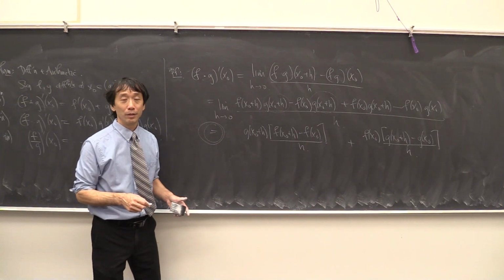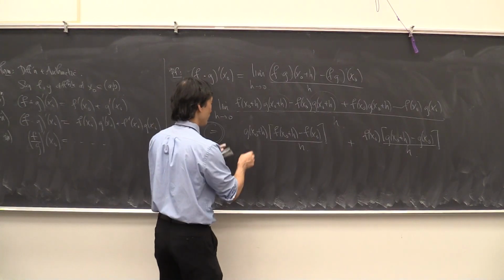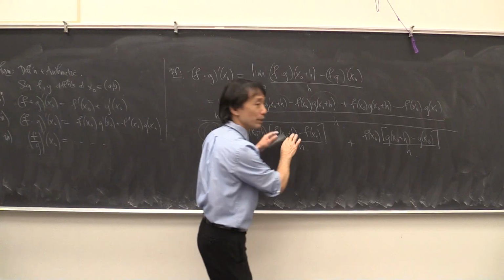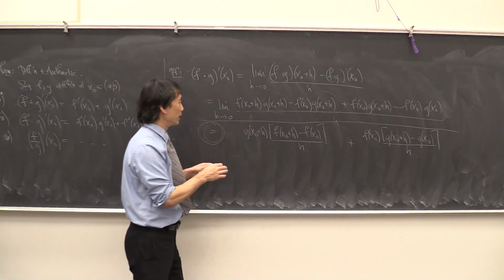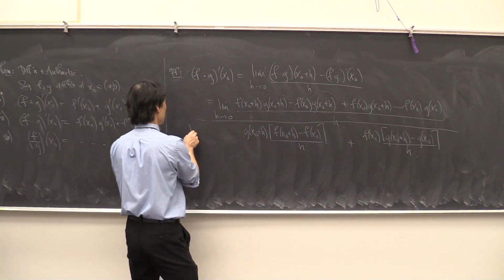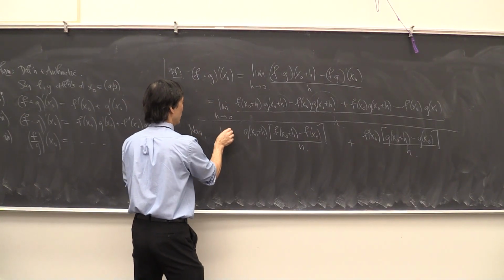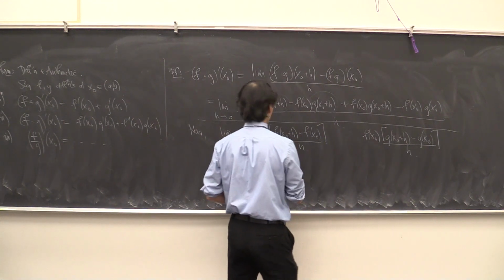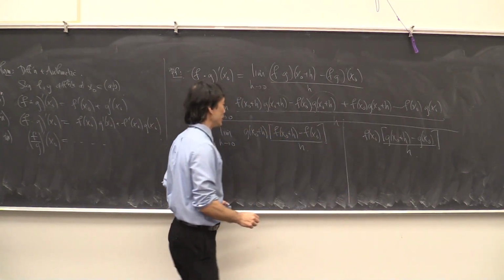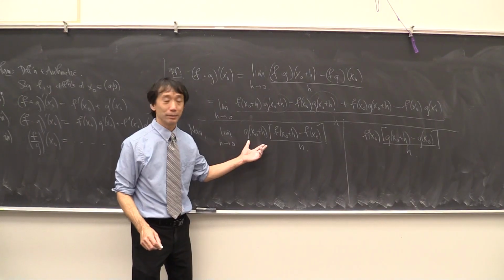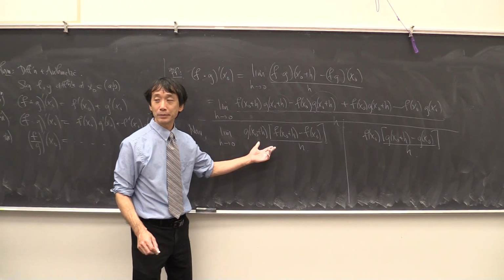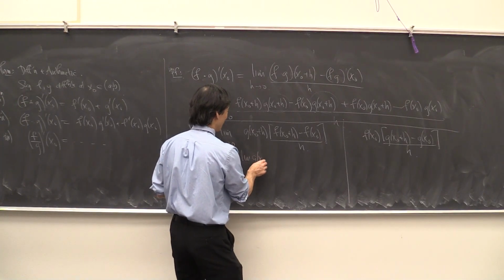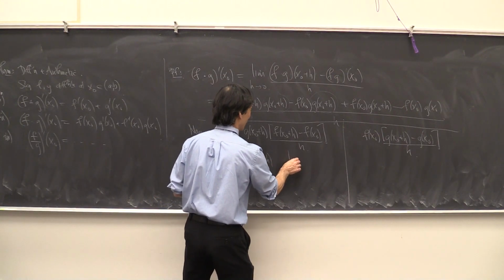We have to stop here and consider these things independently. Now, the limit of this guy on the left, what is this thing? We have to do the same thing again and look at these guys independently.